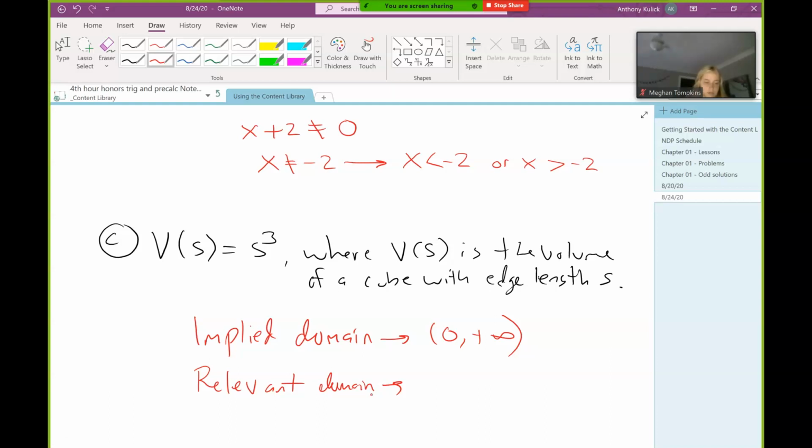And that's what I should be getting for a volume, right? So nothing seems amiss. The relevant domain is the same as the implied domain, which we said could happen, right? Just that the relevant domain can't be bigger. Everybody's okay with that?